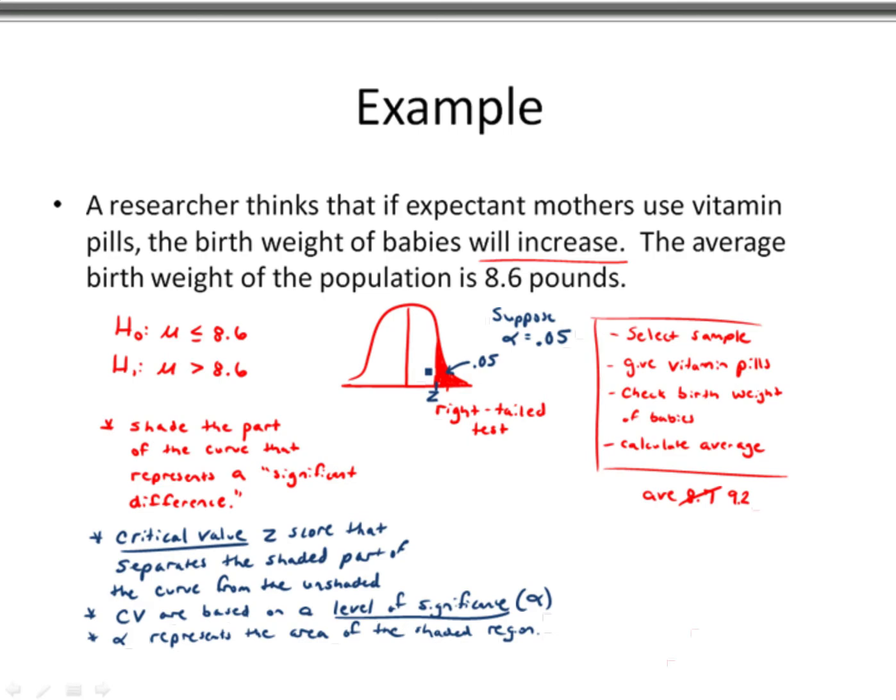Now I know that to use my table E, I actually need to know the area from 0 to the Z-score. And so if the area to the right of the Z-score is 0.05, and the area from 0 all the way to the right is 0.5, or 1/2, I can find the area from 0 to Z by subtracting. So I'm going to say 0.5 minus 0.05 gives me an area of 0.4500.